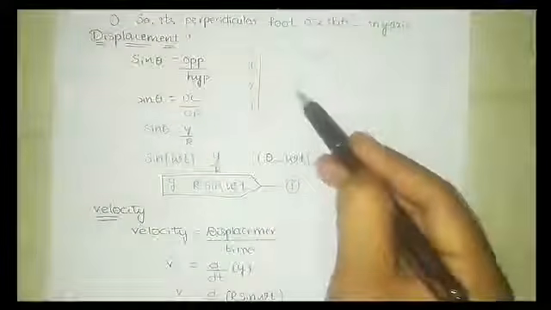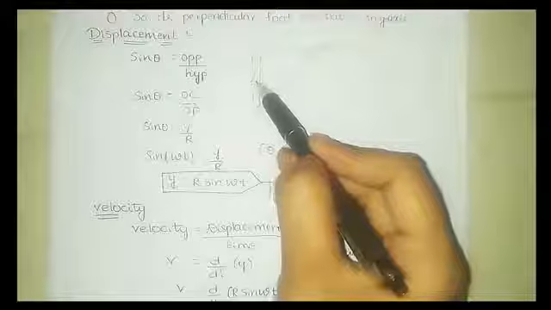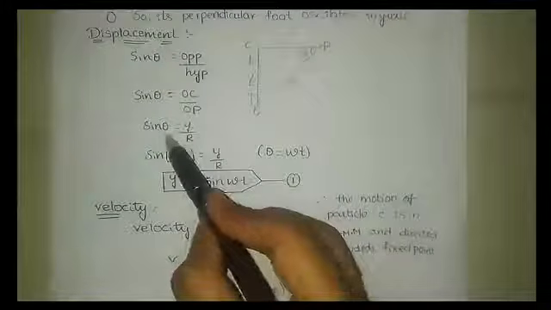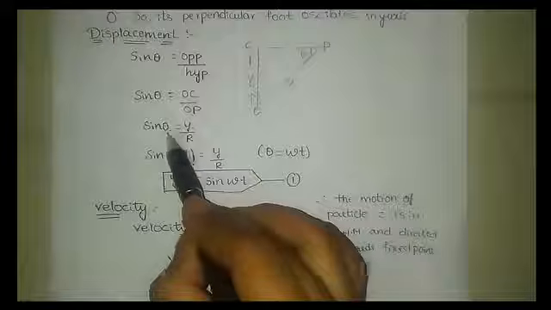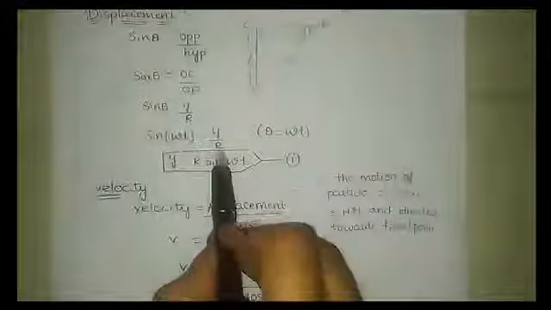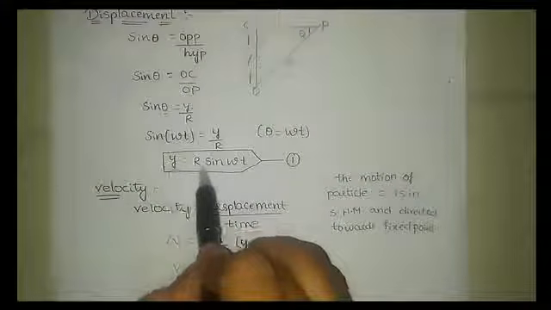So, for theta, the opposite side is y and the hypotenuse is r. I have substituted the values here and we know that theta is equal to omega t. So, in place of theta, we write sin omega t is equal to y by r. From this, r will go this side and it will multiply. y is equal to r sin omega t. This is equation number 1.